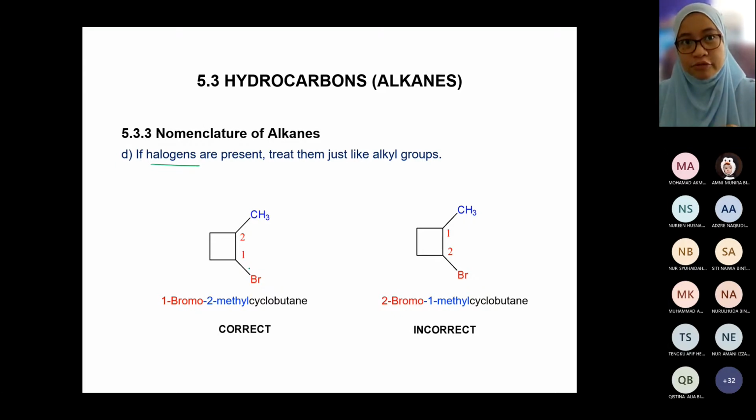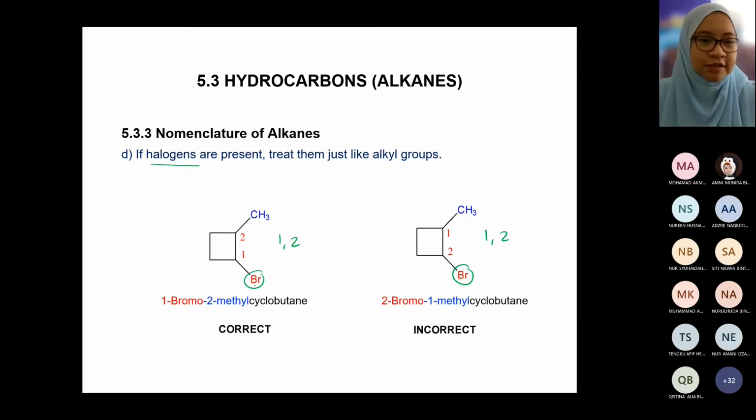But when it comes to choosing, like just now, this is 1, 2. This is also 1, 2. But this one has bromine as number 1. This one has bromine as number 2. So which one do we choose? In this case, we will go for alphabetical order.